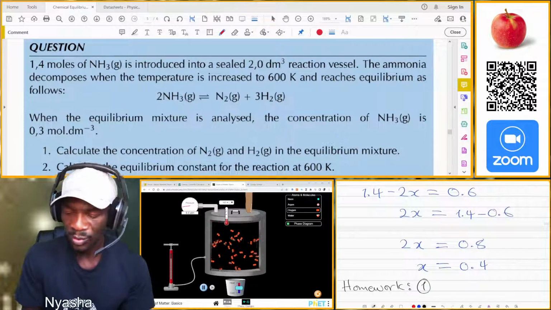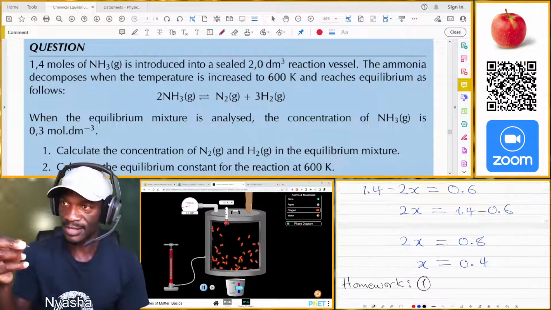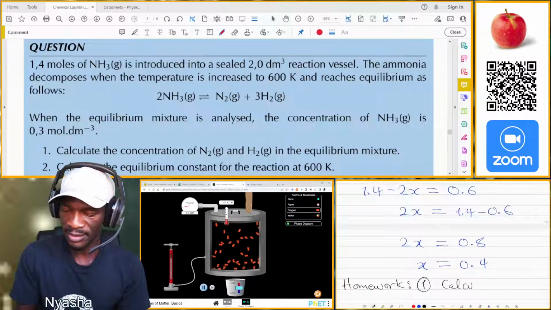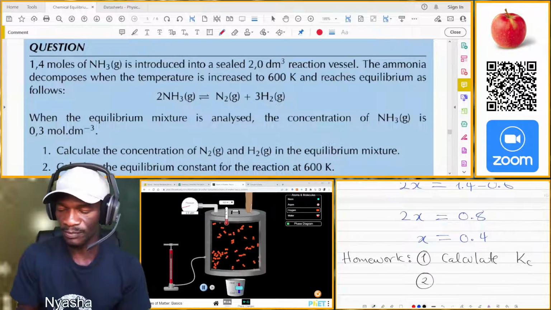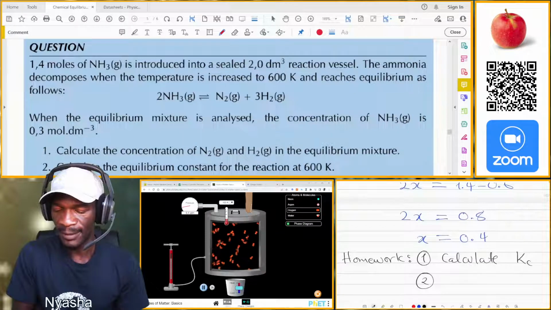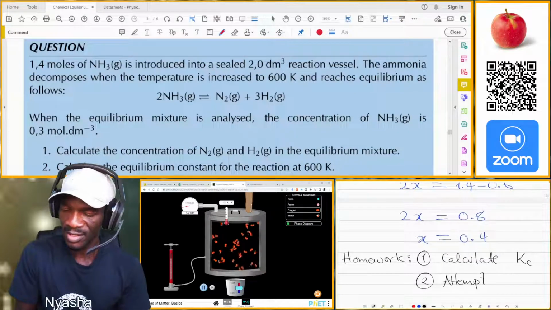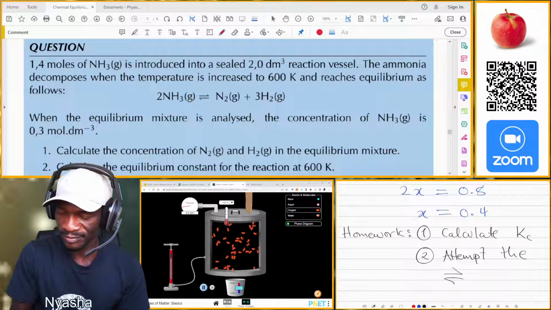So number 1, just now we said question number 2. Calculate the equilibrium constant for this reaction. Then number 2, attempt the equilibrium question.